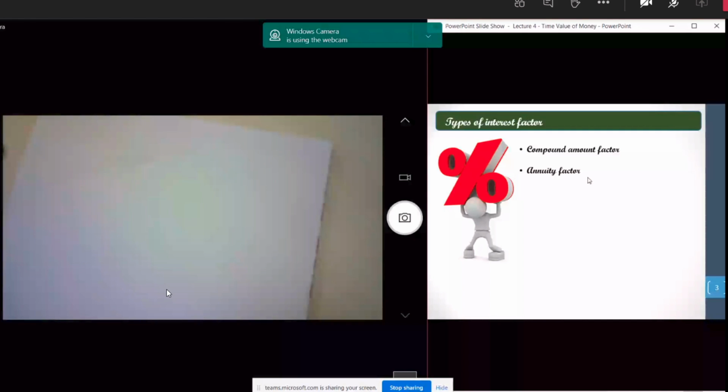The third characteristic is that the value of each deposit should be the same. For example, if I deposit 1000 rupees at the end of the first year, then in the second year again I deposit 1000 rupees, in the third year also 1000, and at the end of the fifth year also 1000.